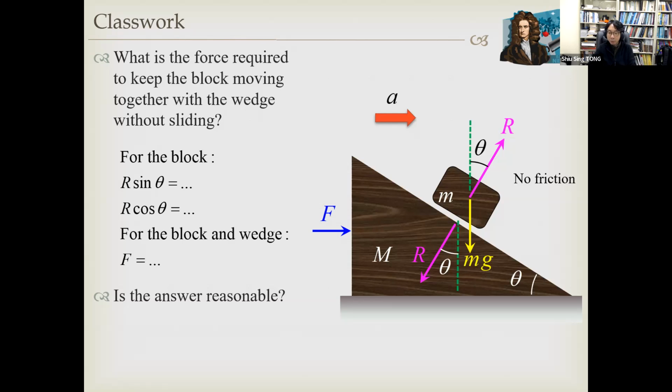When you know the answer, please don't be shy. Just let me know. You just type something on the chat box to let me know that you are with us.